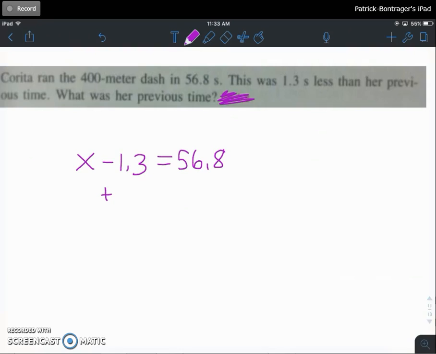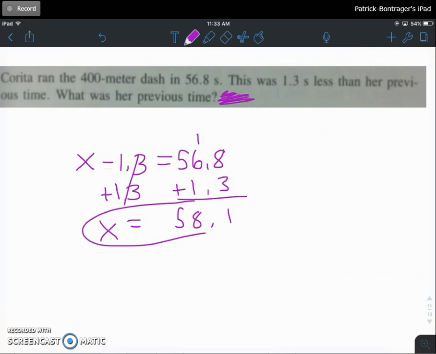So I'm going to add 1.3 and add 1.3, and I'm going to get x equals, carry my 1, 6, 8, 58.1. Does that make sense? If I ran a time of 58.1 seconds, and then my next time I did 1.3 seconds less, I would end up with 56.8. So yes, that is reasonable.